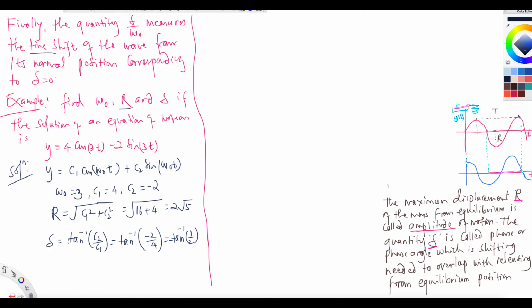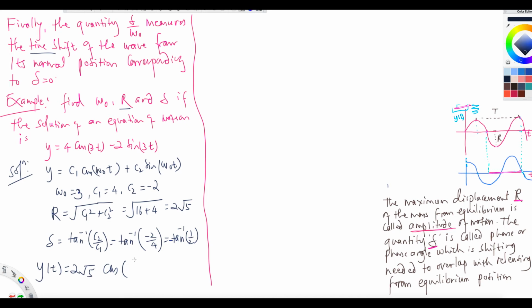So what would you write? You would write the phase amplitude form. Phase amplitude form will be y of t equals R, which is 2 root 5, and then cosine of omega 0 t.